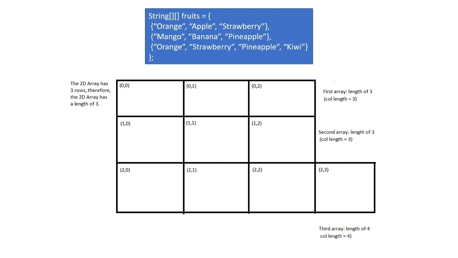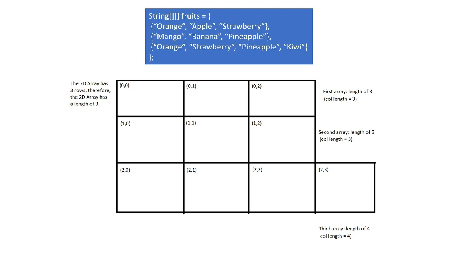So in my fruit example, I had 3 baskets, one with 3 fruits, another with 3 fruits, and then the third with 4 fruits. Since I have 3 baskets, that means I have 3 arrays, right? Because keep in mind, the baskets are containers, and as we mentioned earlier, an array is a container.